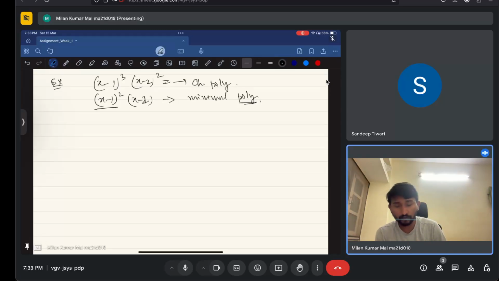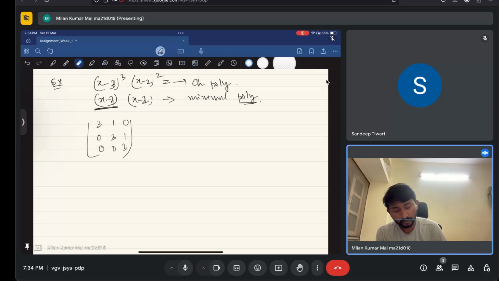First, look at the minimal polynomial. Let's take the fixed eigenvalue 1, and look at the corresponding factor, (x minus 1) whole square. So corresponding to that factor there must exist one block of this form. If the power is, for example, 3, then the block will be something like this. The first block will be this way.